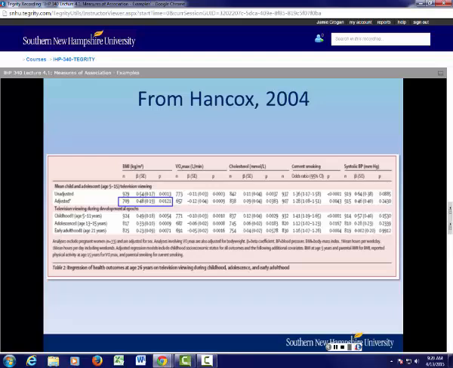Now that's not the case for some of the other variables in this table, namely the VO2 max data. Remember, VO2 max is fitness. In this analysis, there were 657 people measured. The slope for VO2 max was a negative 0.12, and it was also statistically significant.